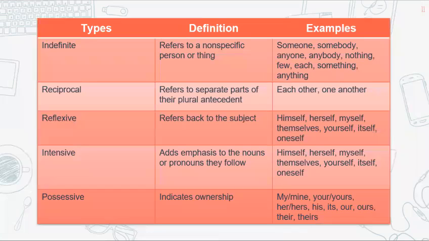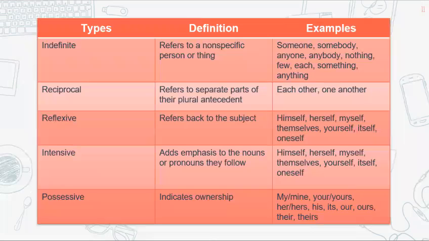Reflexive pronouns refer back to the subject. For example, many of the women blamed themselves for the problem. You can see that the intensive and reflexive have the same examples of pronouns, but they are used in two different senses. Intensive pronouns add emphasis to the nouns or pronouns they follow.